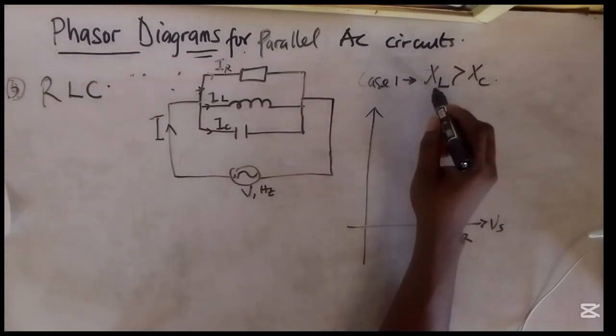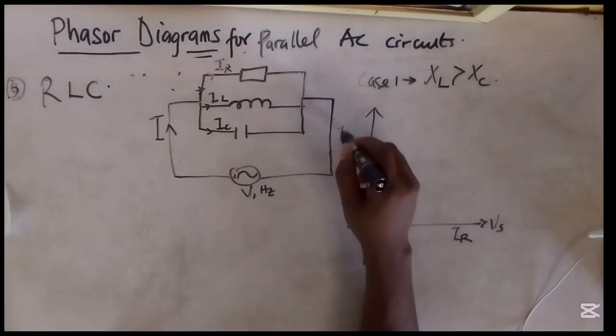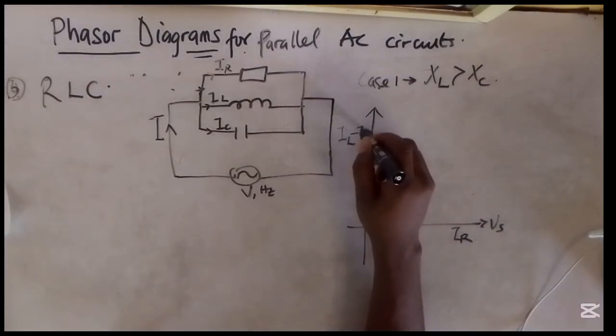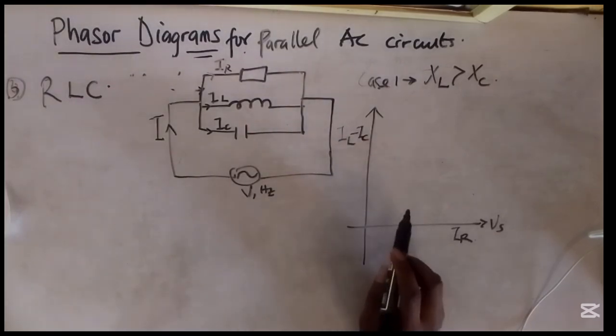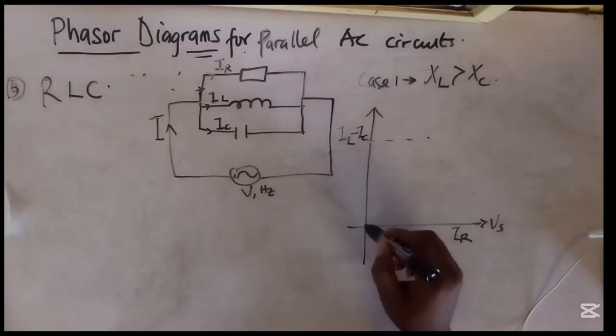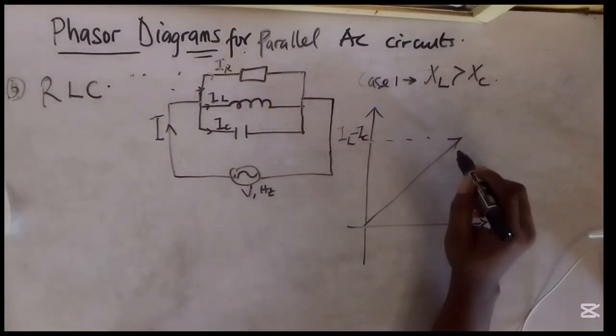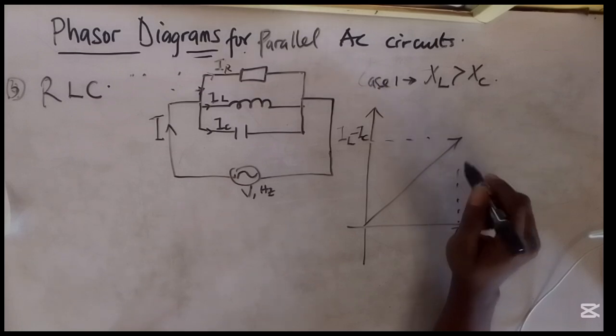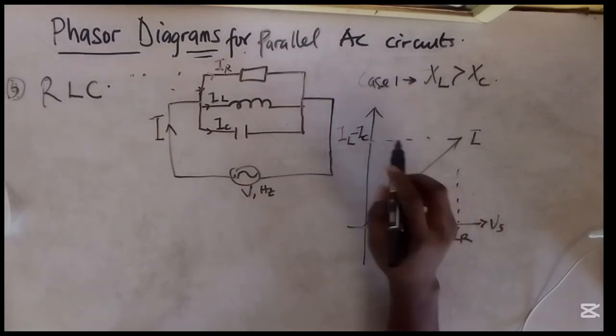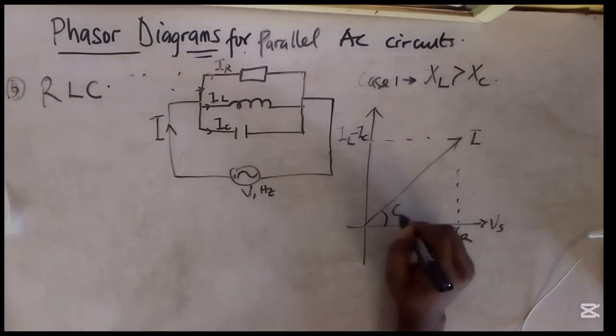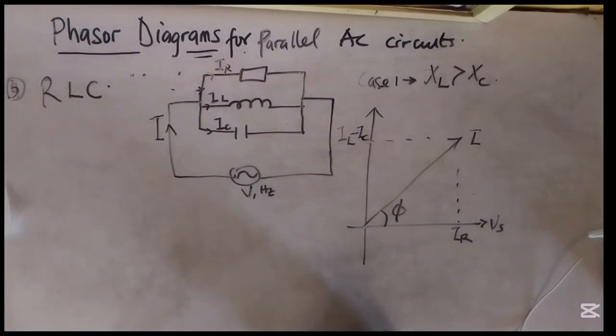Since XL is greater than XC, that means our IL will be greater than IC. So in this case, the resultant current will be I, as we all know, and the angle here is phi, which is the angle of lead or lag in this case.